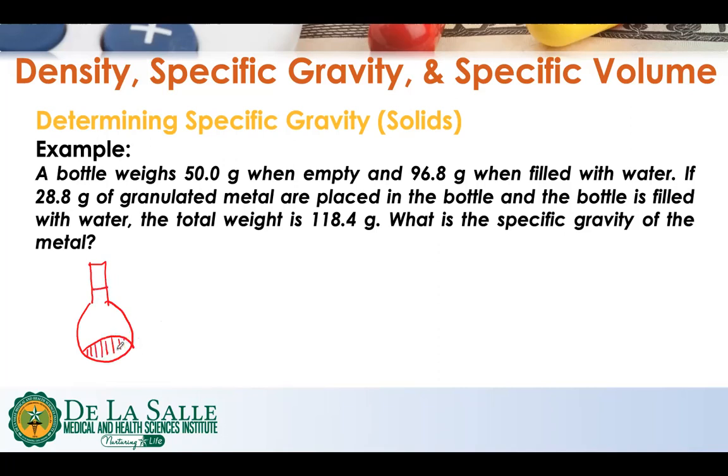By getting the difference between the sum of the weights of the water used to fill a specific gravity bottle and the weight of the metal, and the weight of the water and the metal contained in the specific gravity bottle, we will be able to determine the weight of the water that is displaced by the metal.